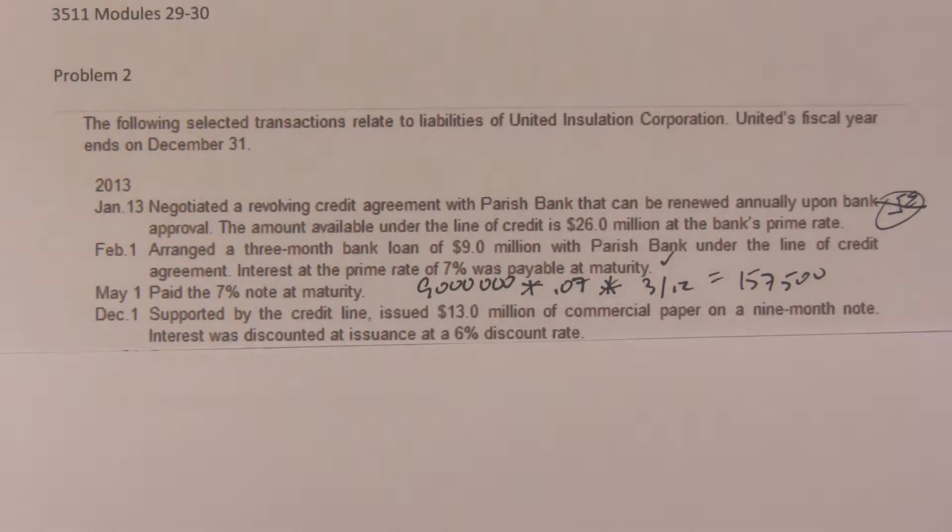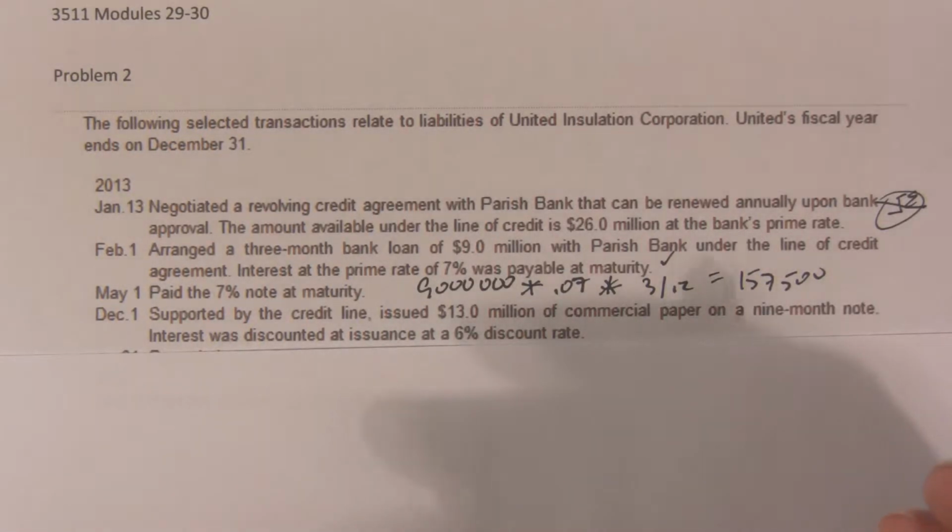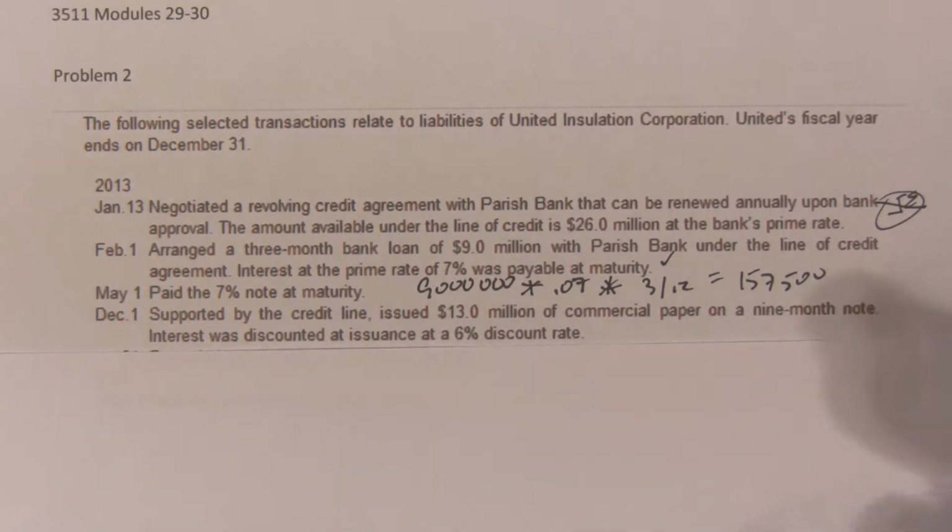Supported by the credit line, they borrowed $13 million of commercial paper on a 9-month note. The interest was discounted at a rate of 6%. So we have to figure out what the discount is, because this is a discounted note payable, which means we went in to borrow 13 mil, and we walked out with less than 13 mil.